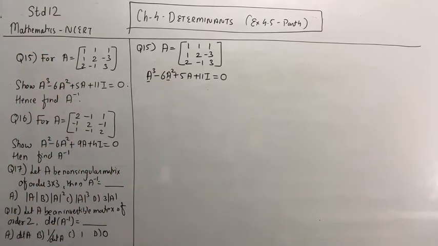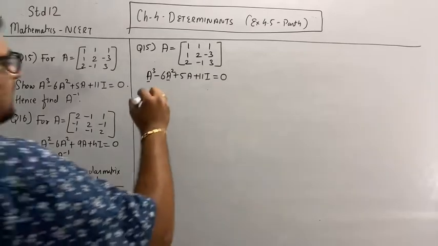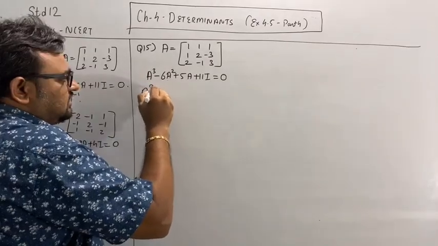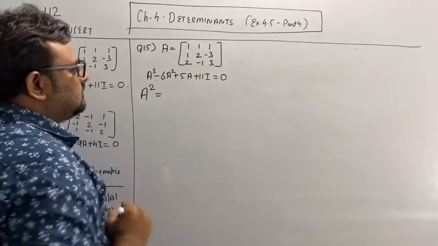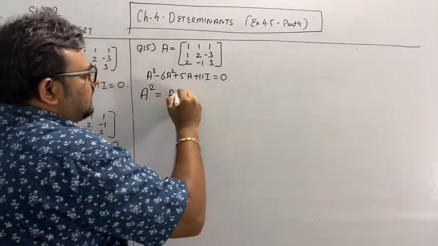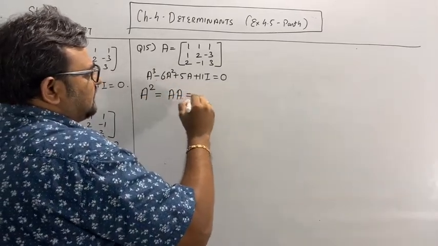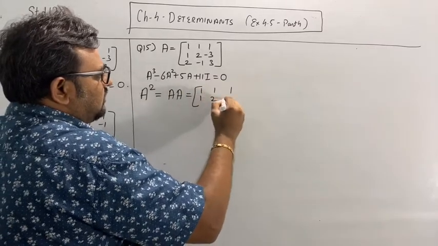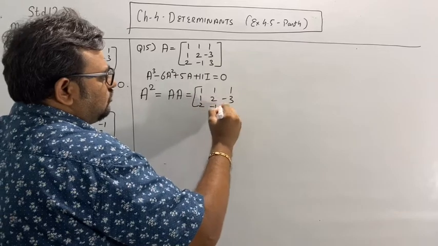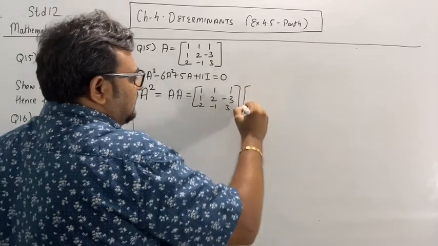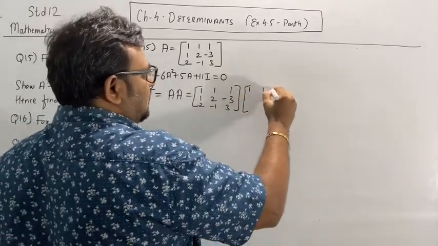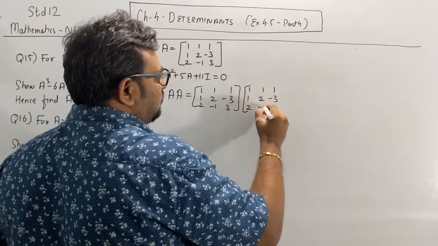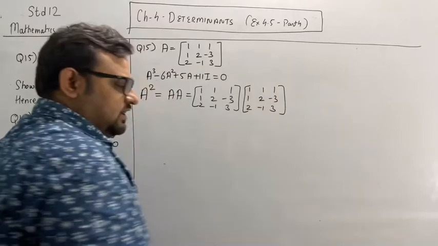A square will be equal to A into A. This will be equal to 1 1 1, 1 2 minus 3, 2 minus 1 3, into 1 1 1, 1 2 minus 3, 2 minus 1 3.